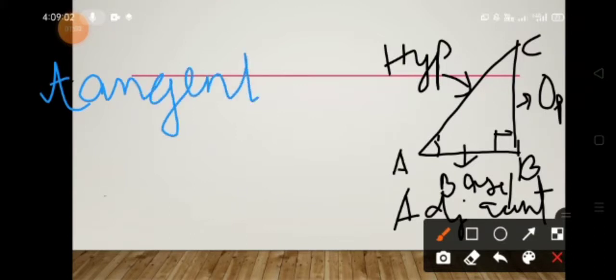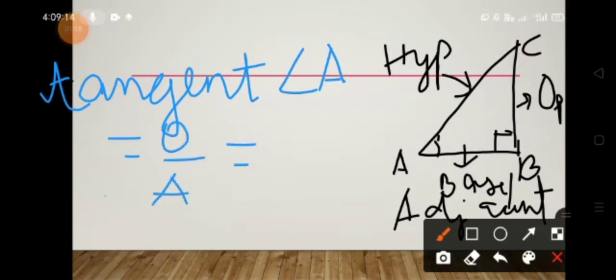Tangent of angle A will be, tangent would be opposite by adjacent. Opposite by adjacent, you need to learn all this by heart. Opposite is, what is opposite here? BC. What about adjacent? Adjacent, or base. What is it? AB. Okay.